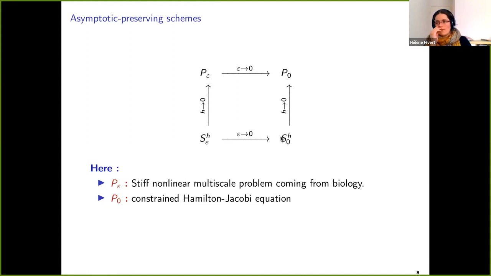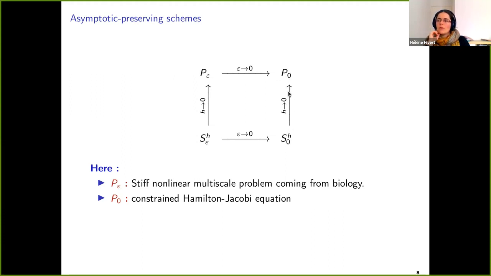And in most cases I know, there may be some counterexamples, but in most cases the limit problem is very simple, and so the limit scheme is very simple too, and it's not very complicated to have this error.